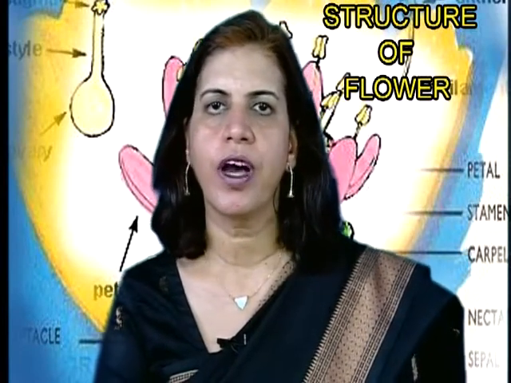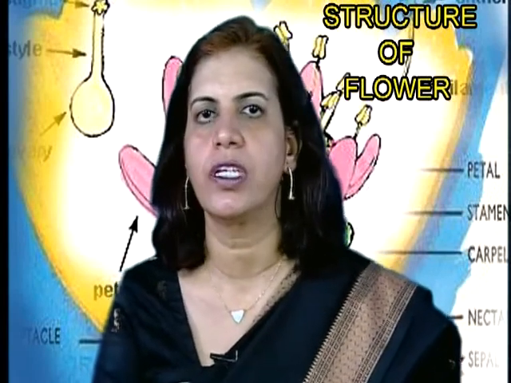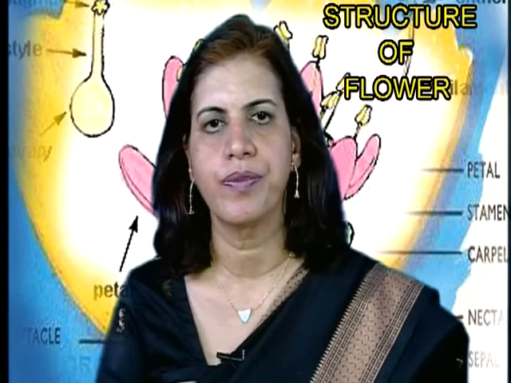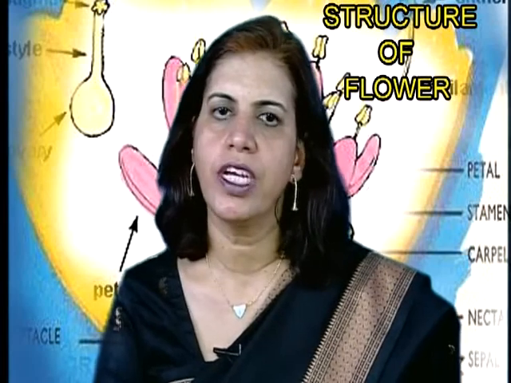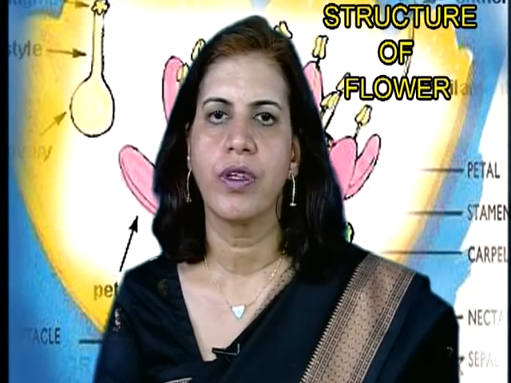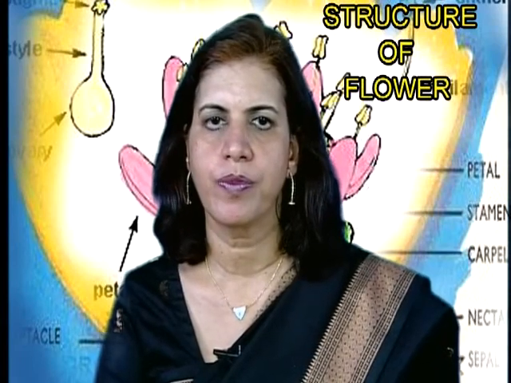What is hermaphrodite? Flowers that contain both stamen and pistil are termed hermaphrodite or intersexual. What is dioecious? Plants in which staminate or pistillate flowers are present on separate plants are known as dioecious condition.